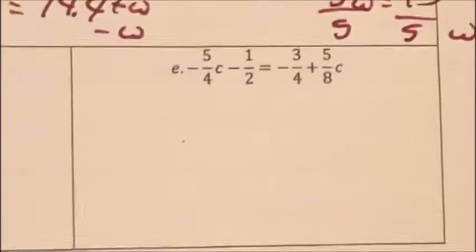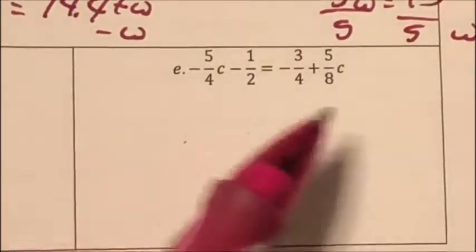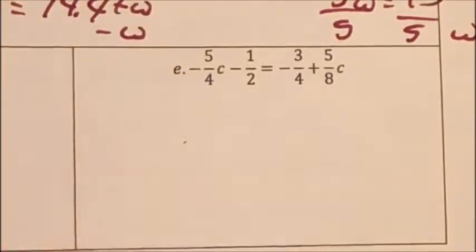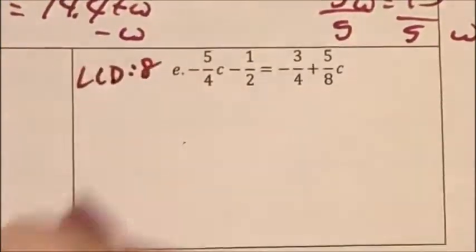All right, letter E says -5/4 c minus 1/2 equals -3/4 plus 5/8 c. Okay, so looking through all of this, I can do one of two things. I can either find a common denominator for all these and leave them as fractions, or I can recognize that I have an LCD. My LCD is 8.